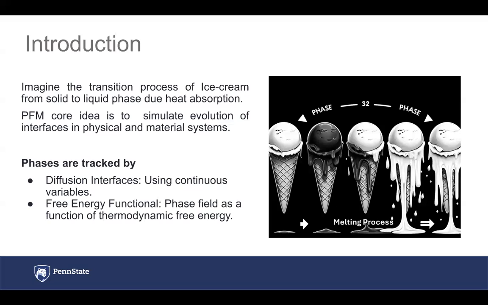And for the free energy functional, it uses a concept to predict how these phase changes occur by calculating the lowest energy state of the system, considering factors like boundary energies and external influences based on the principle of thermodynamics. Next slide.